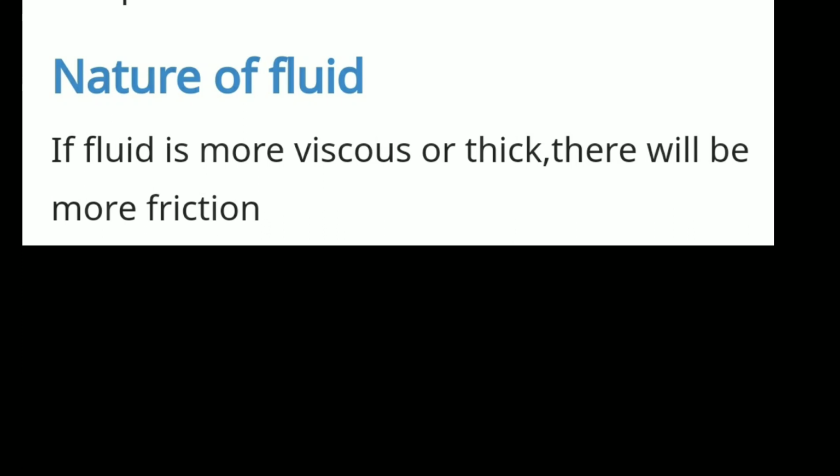For example, moving an object through honey or glycerin, these fluids are thicker or more viscous than water. So moving an object through these fluids would be difficult as compared to moving an object through water. So these are the three factors on which the fluid friction depends.